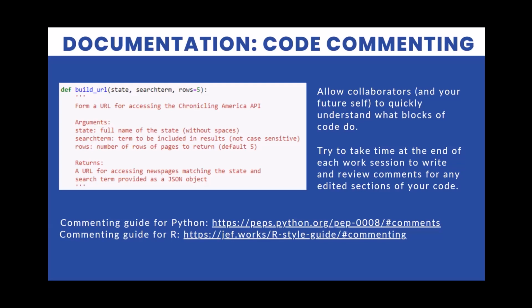In addition, though, to the actual syntax of coding itself, another challenge here is it can just be difficult to set aside time for actually commenting things into your code. So what I like to do is try to make a habitual practice of setting aside 5 to 10 minutes at the end of any time that I've spent coding, where I review any blocks of code that I've either added or edited, and I'll write new comments for those or edit them if I've edited the code. That makes it a bit easier to make it a consistent practice.